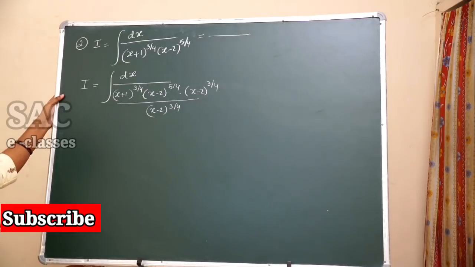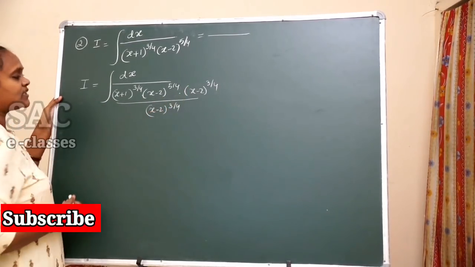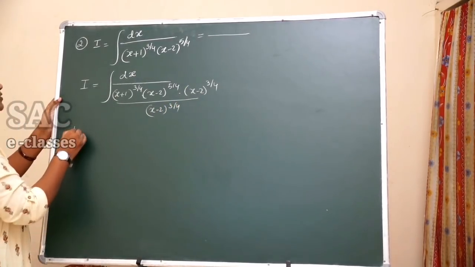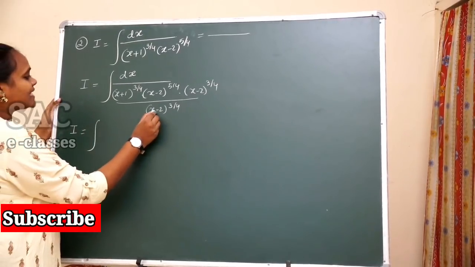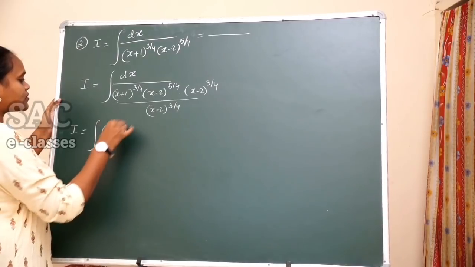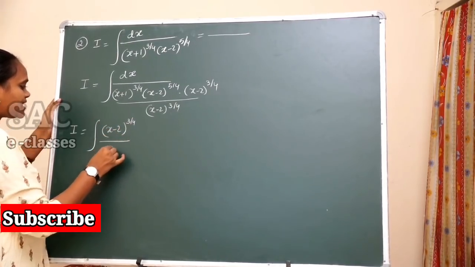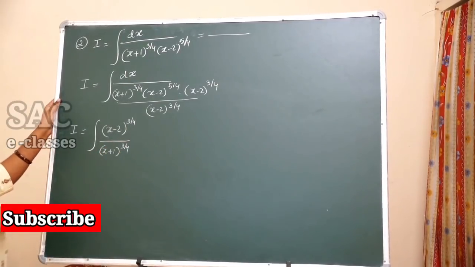I hope you have understood what I have done. So I equals (x minus 2) whole power 3 by 4 by (x plus 1) whole power 3 by 4.